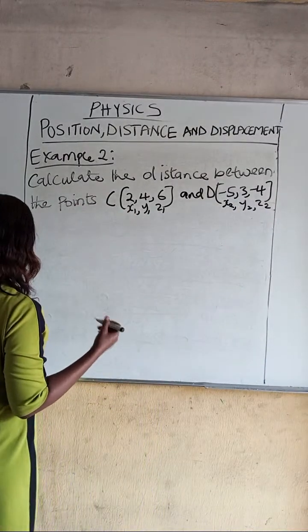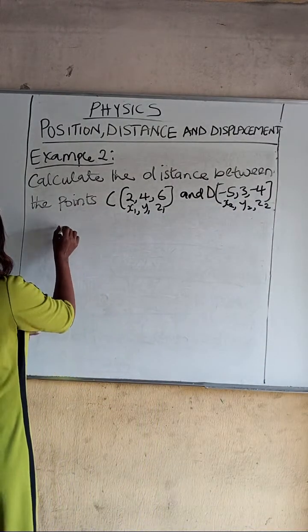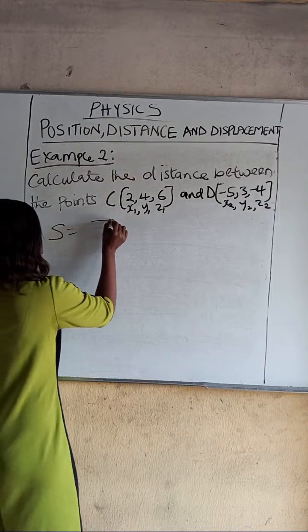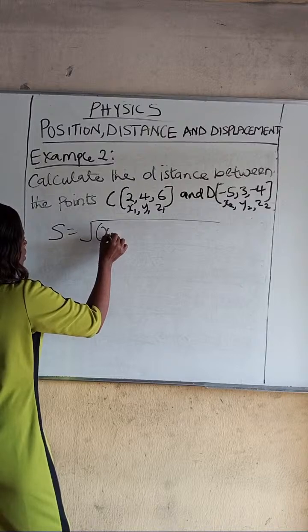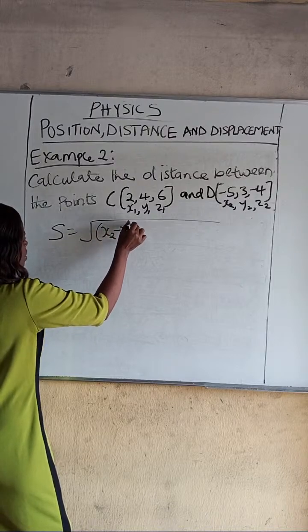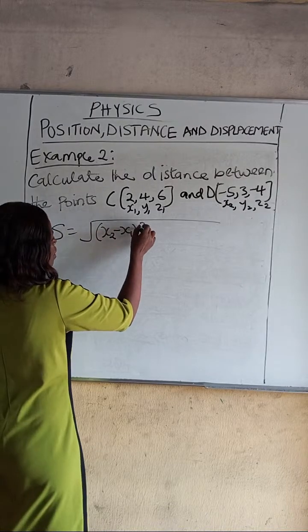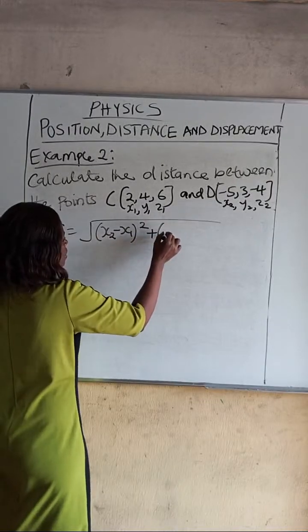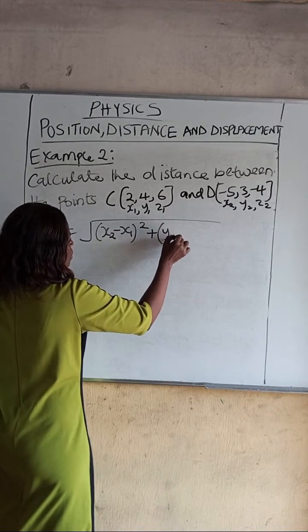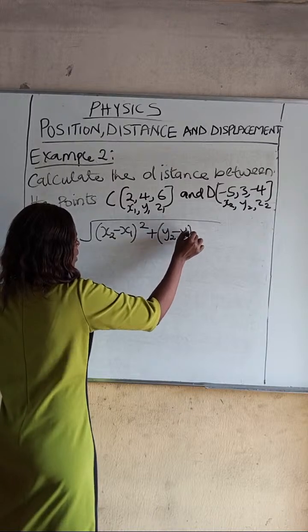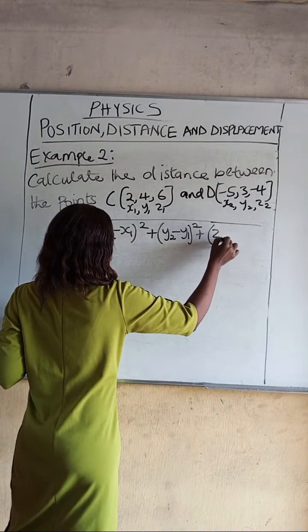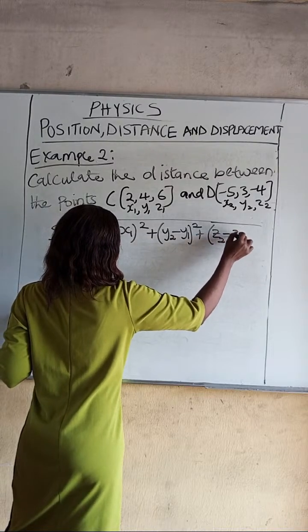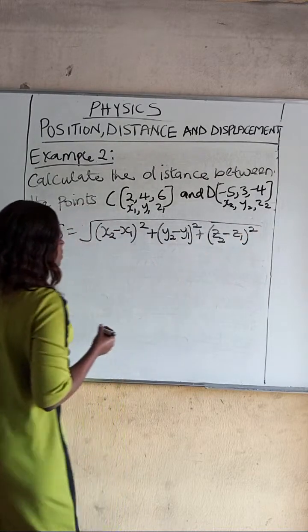I'm going to use the formula for distance in space: X is equal to root of (X2 minus X1) all squared plus (Y2 minus Y1) all squared plus (Z2 minus Z1) all squared.